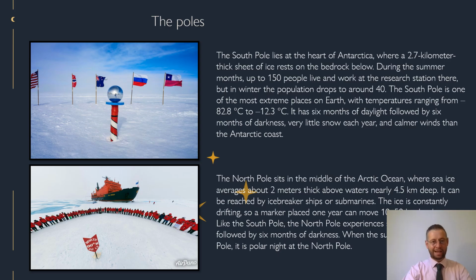So what are the poles like? Well, here are two photographs of the South and the North Pole, but they're very different from each other in terms of what they're physically like. For example, if I went to Antarctica and I visited the South Pole, not only would I find the South Pole present on a 2.7 kilometer thick ice sheet resting on bedrock down below, I'd also find that there are permanent cabins and an Antarctica base, a polar base doing science on the South Pole all the time.